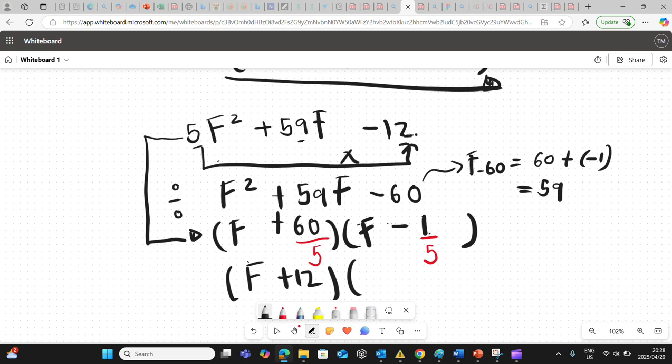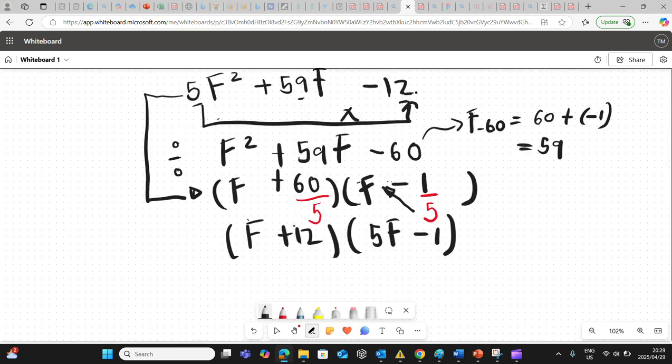But the second one cannot be simplified, so you times it across to the f there, and you're going to get a 5f minus a 1. And there we go. That's how you would solve these types of trinomials.